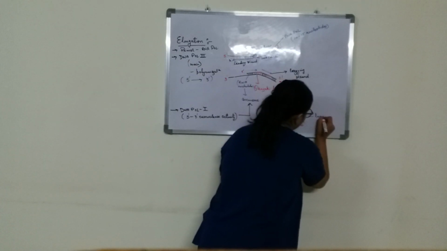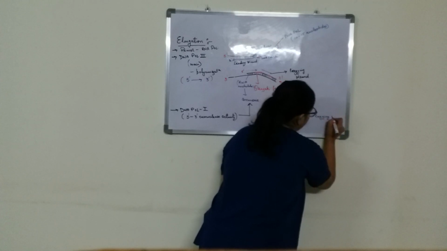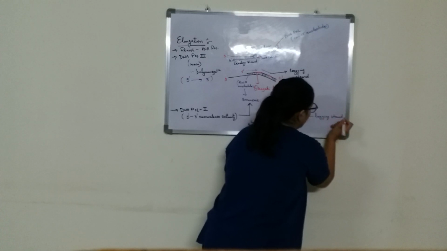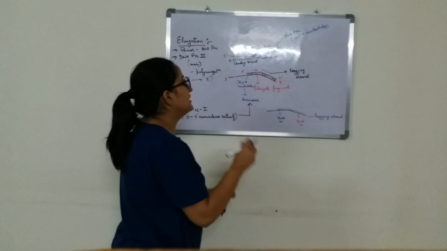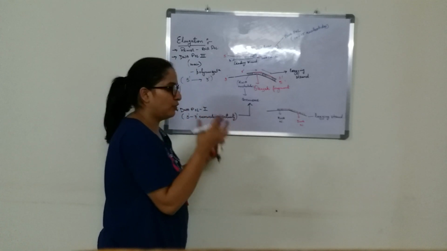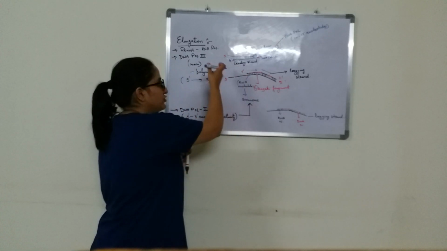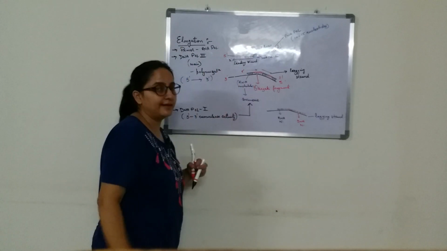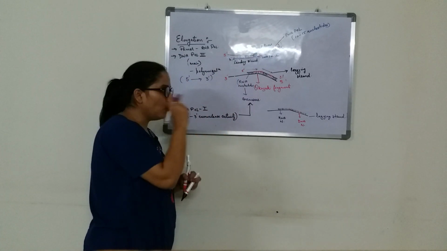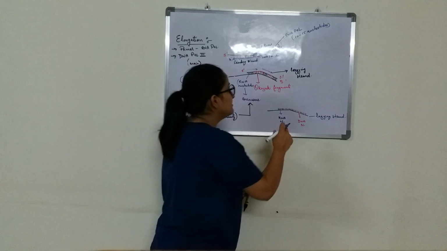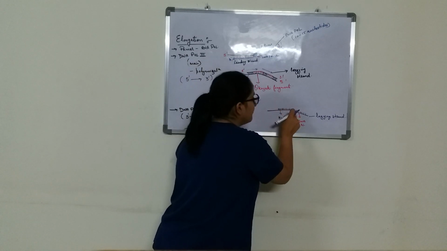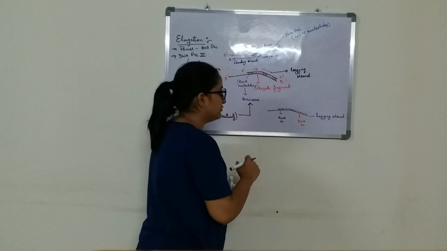I'm just showing the lagging strand because in the leading strand there is no problem like this, because DNA polymerase gets a proper direction from 5' to 3' and makes a continuous strand. While in the lagging strand, since a number of RNA nucleotide fragments are present, we have to remove them.